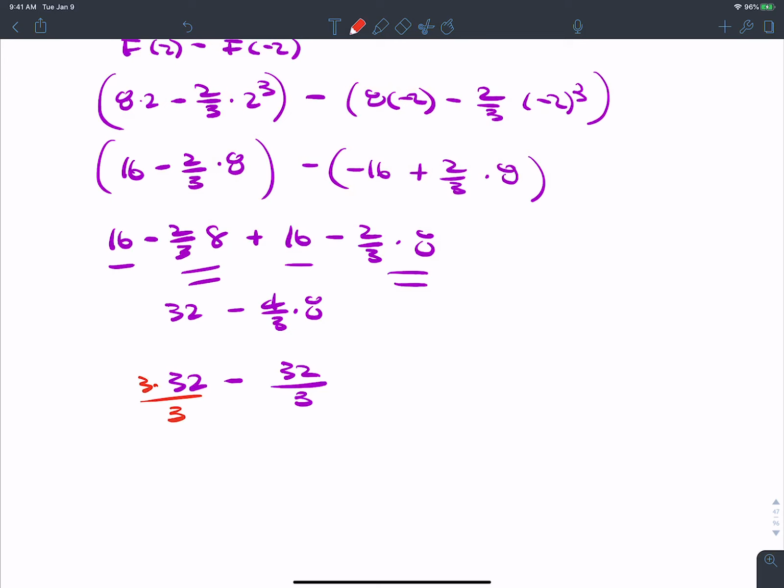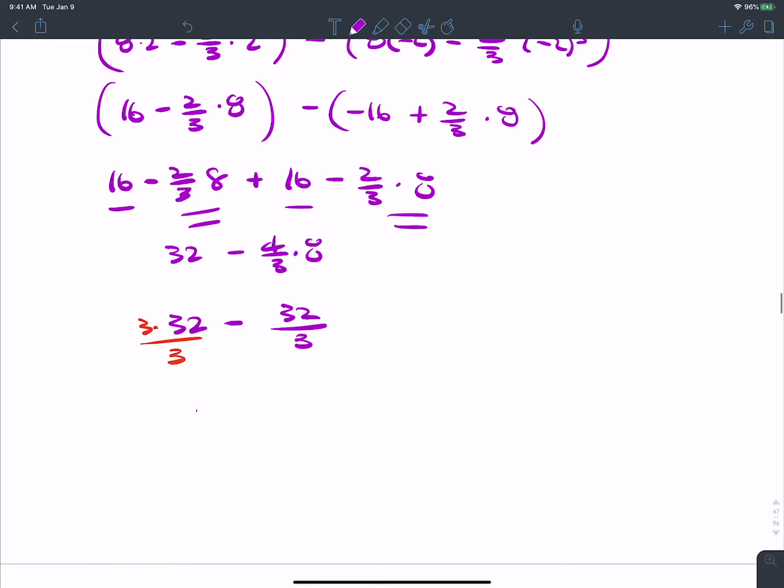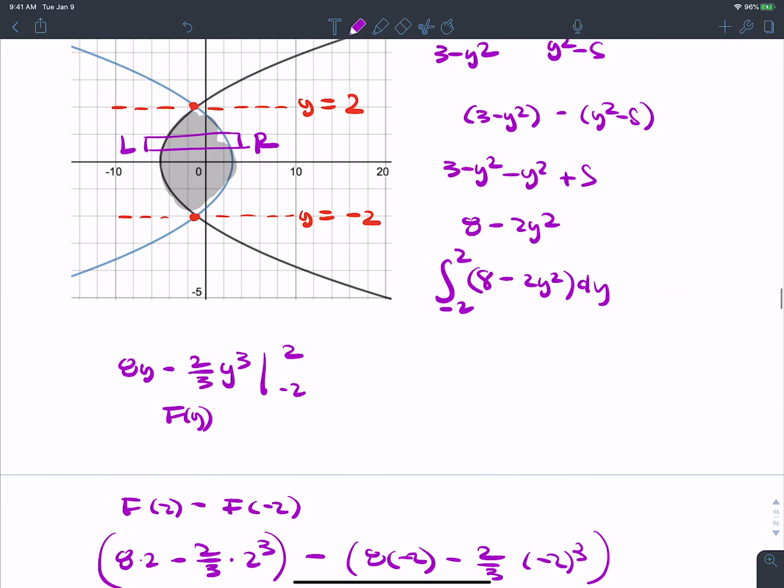Double check. Is that 4? Yeah, it's 4/3, right? 8 and 8 is 16 is 32. Double check my arithmetic, okay? So I get 96/3 minus 32/3. What's that difference going to be? 64 thirds. There you go, ladies and gentlemen. So this area here is 64 thirds.